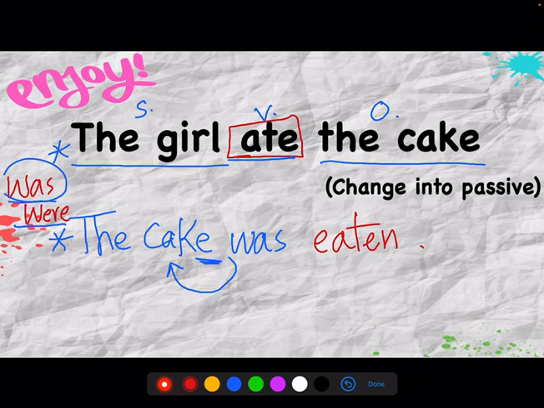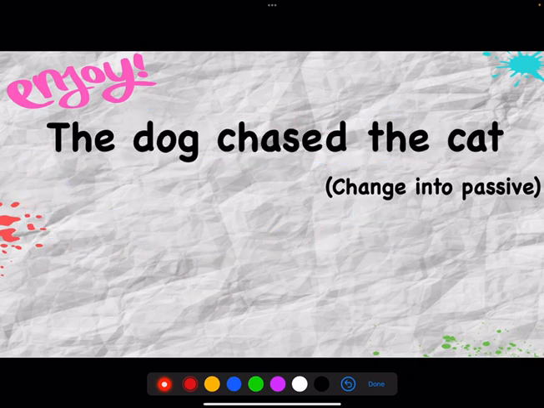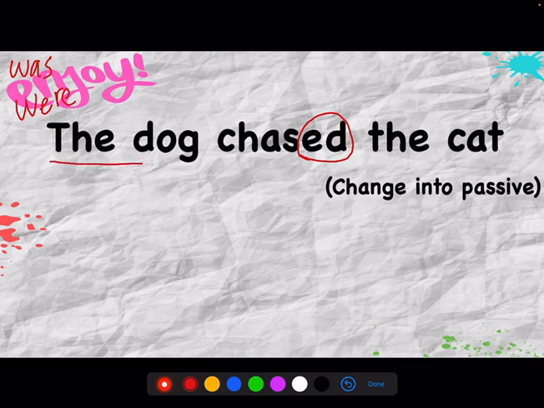Okay, let's move to the other one. The dog chased the cat. The sentence is in the past, so I have to use was or were according to my object. The dog is the subject, chased is the verb, the cat is the object. So I have to start my passive sentence with the cat.